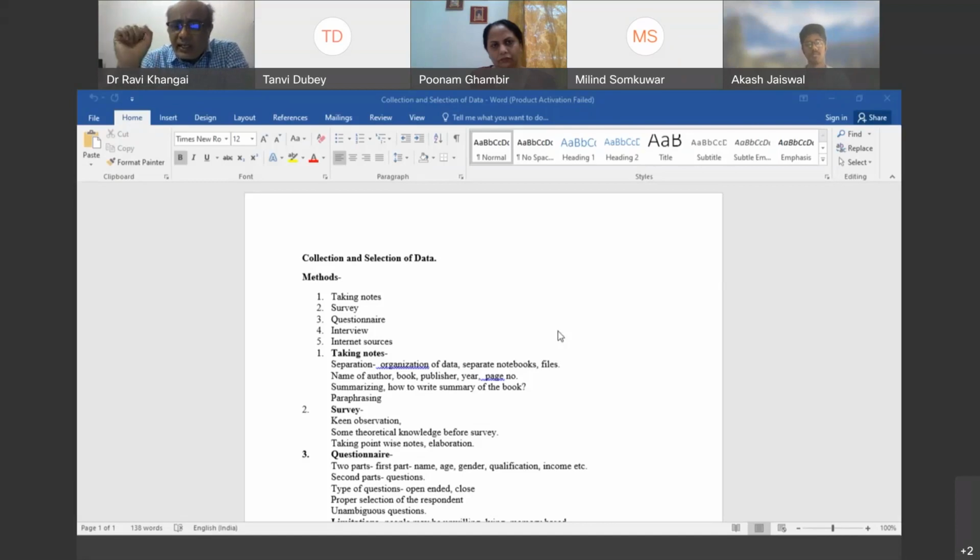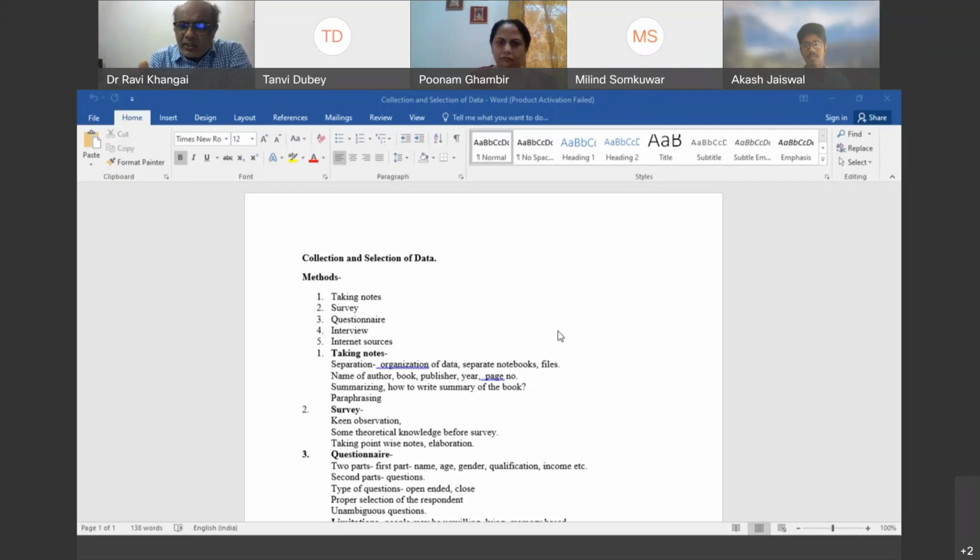And this data collection is an important part where both these things, skill and discipline, are required. Then the next important method of data collection is the questionnaire. You can ask questions to the people, collect the information from them, and then you can complete your research. I'm talking about questions in the written form.